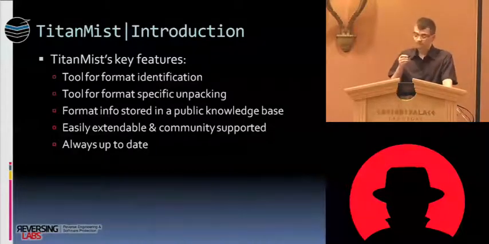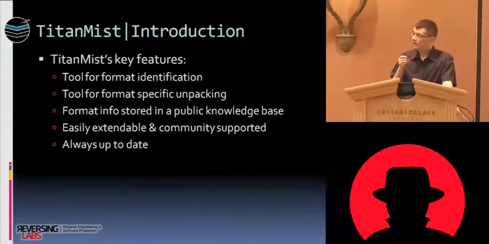So all the information about the formats that are currently supported and that are going to be supported is going to be available freely in the public knowledge base that we just talked about, and that's going to be a Wikipedia-like website which is online right now, and you can go to our website and check it out.